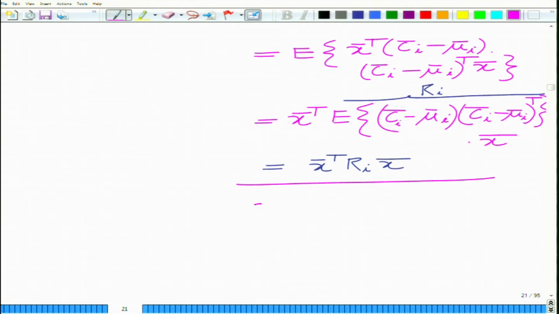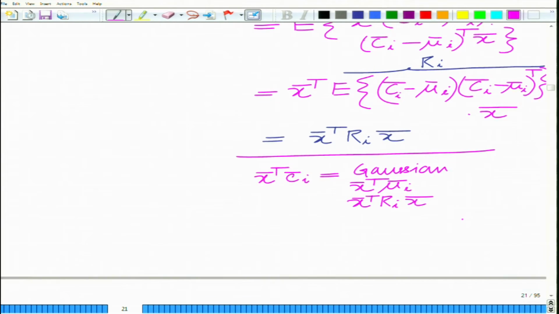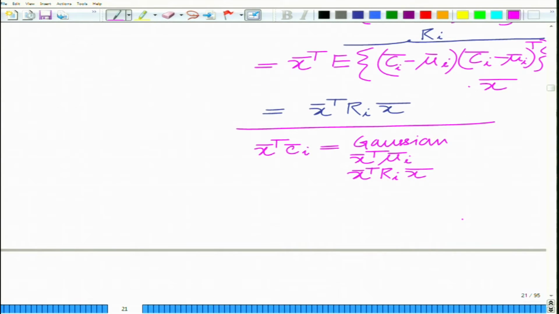And therefore, now what we have seen is x bar transpose C bar i is Gaussian with mean x bar transpose mu bar i and variance x bar transpose Ri into x bar. Okay.